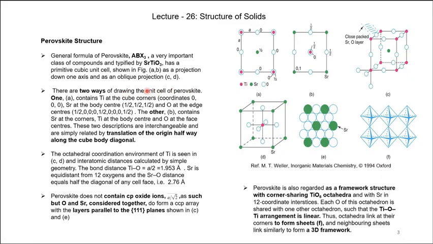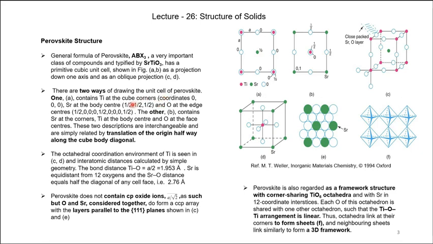There are two ways we can describe this perovskite. One, the titanium is in the cube corner. You see, this is titanium, which is in the cube corner. Do remember that we are looking at this structure along one axial length.